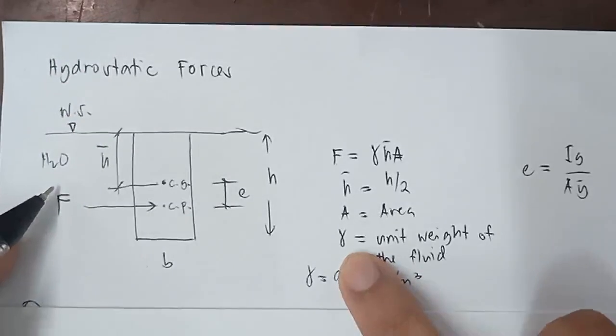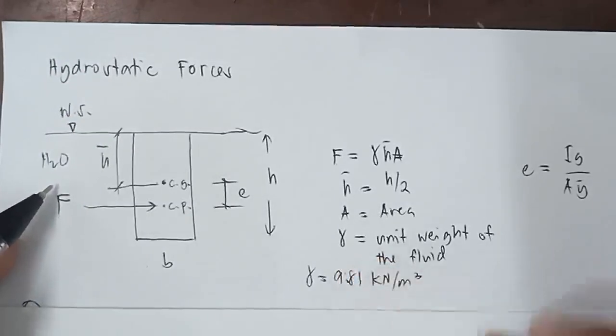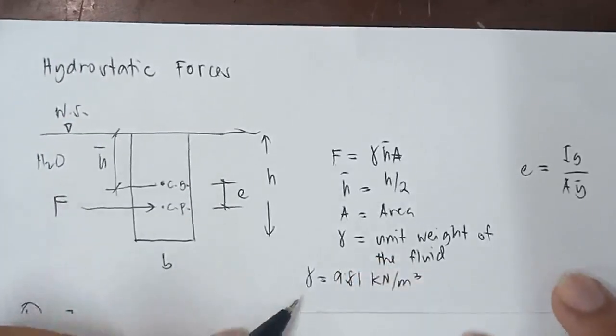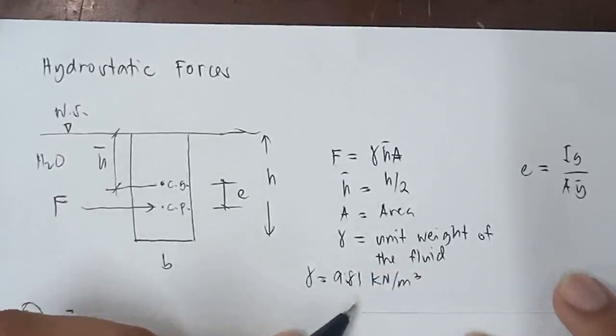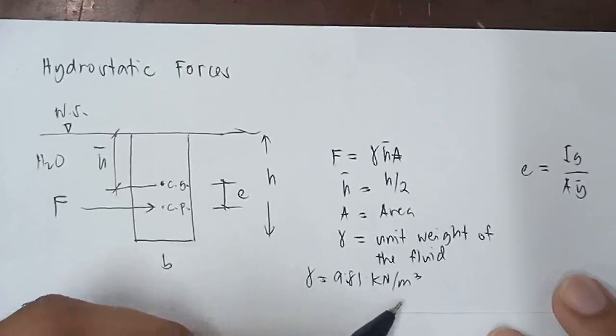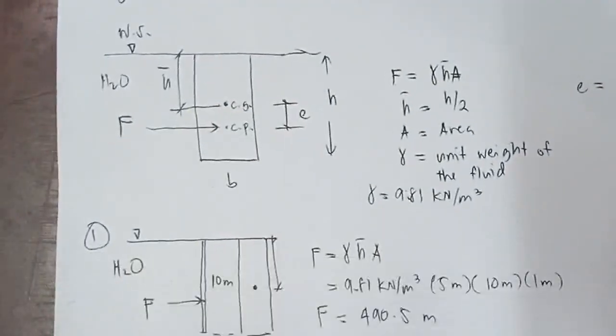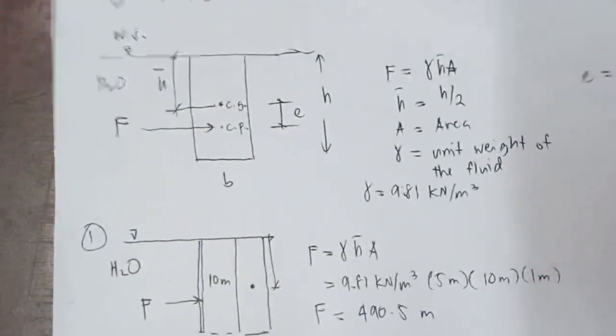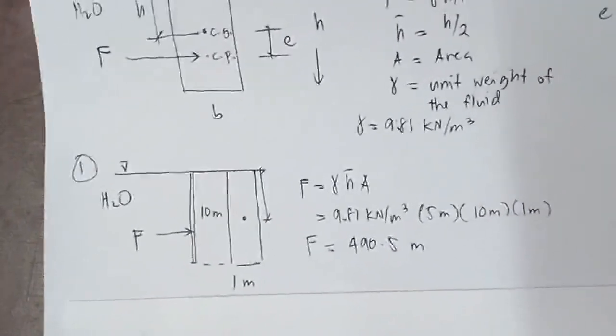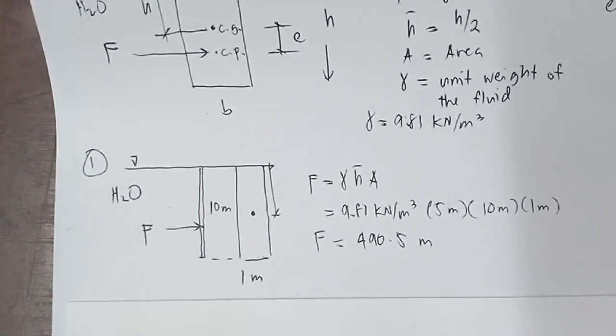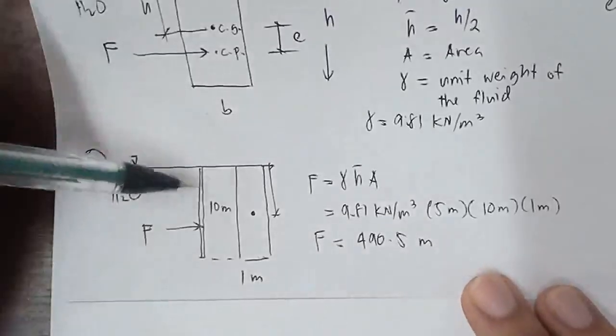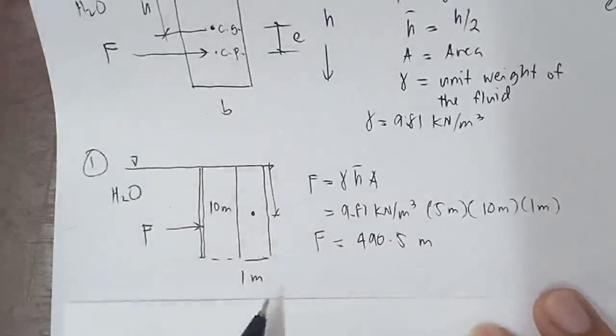So, kung H2O yan, automatic, gagamitin natin na unit weight, yung water, equivalent yan sa 9.81 kilonewton per cubic meter.